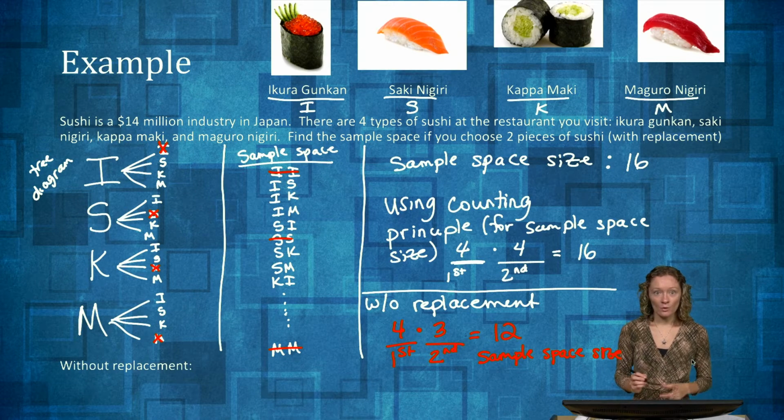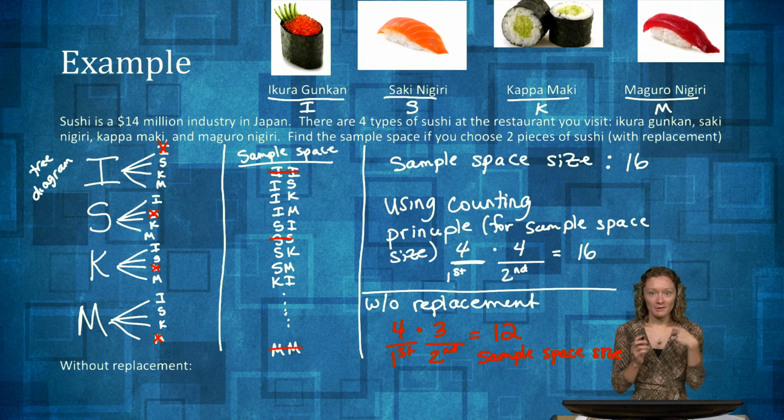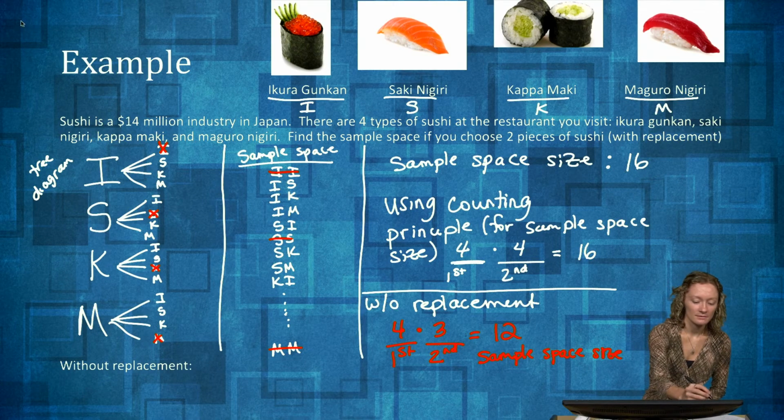Let's actually do one more, because the formula for counting principle only mentions first experiment and a second experiment, but it could be that more than 2 experiments are happening. Let's say you're going to choose 3 pieces of sushi. We'll go back to the initial premise, which is with replacement. How many different ways to choose 3?